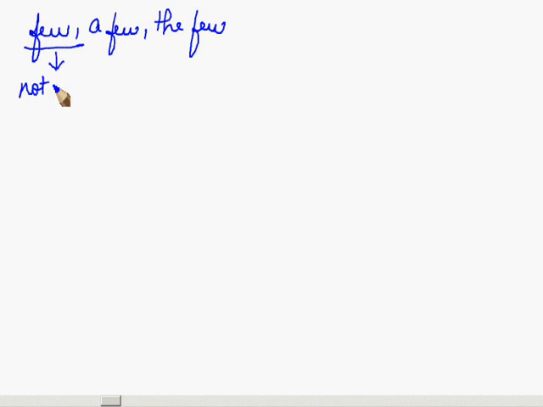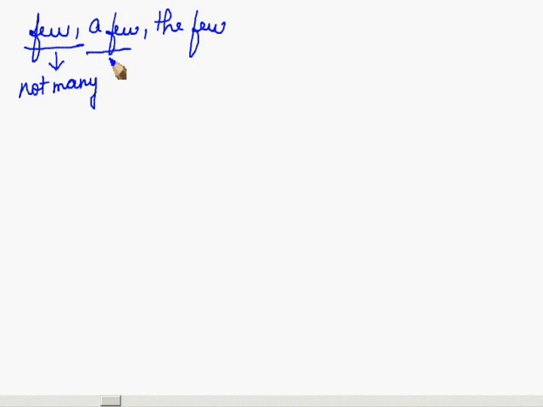Last is few, a few, the few. Few here means not many. Few has a negative meaning, like few persons can keep a secret, hardly any person can keep a secret.